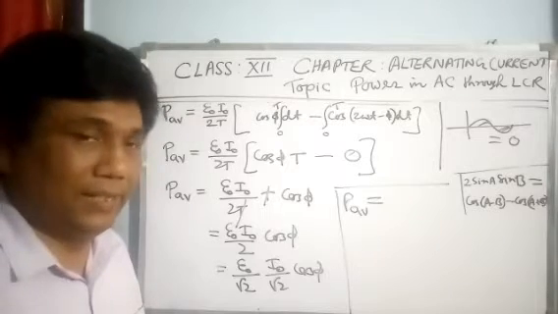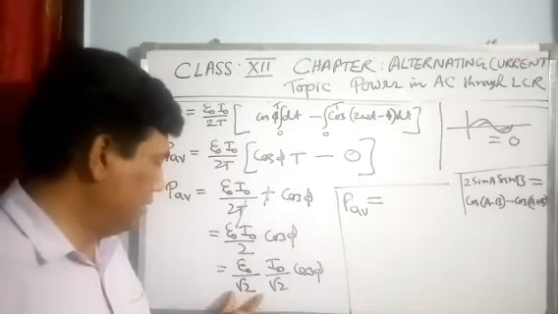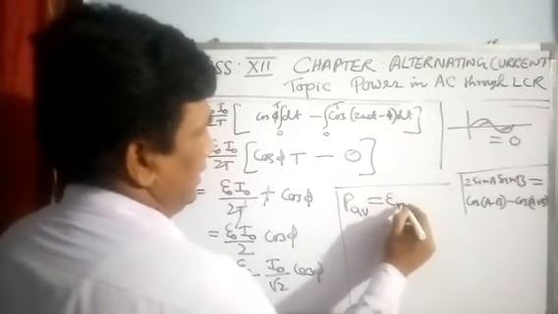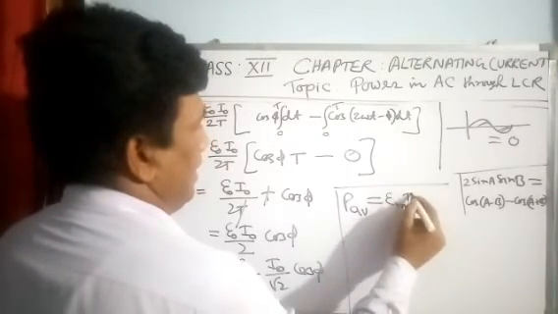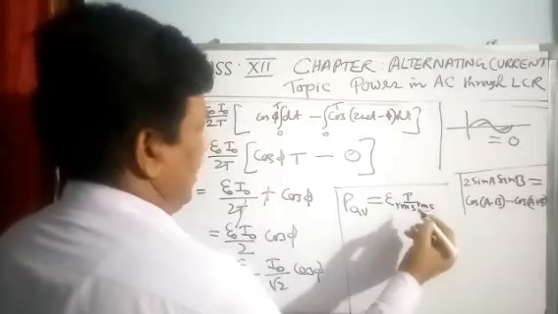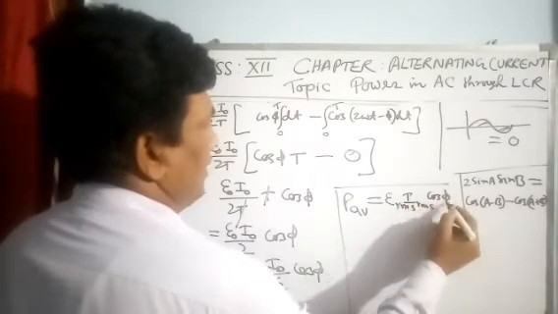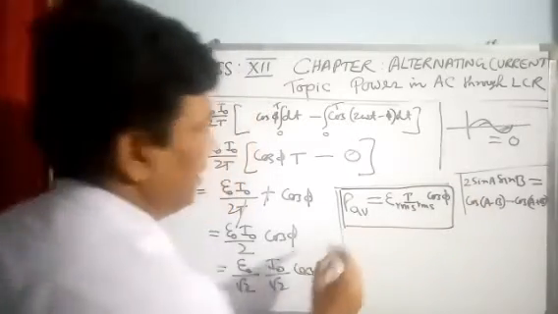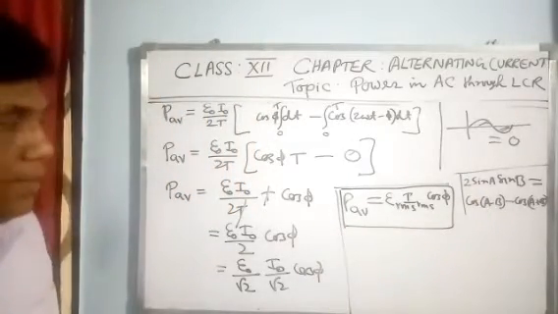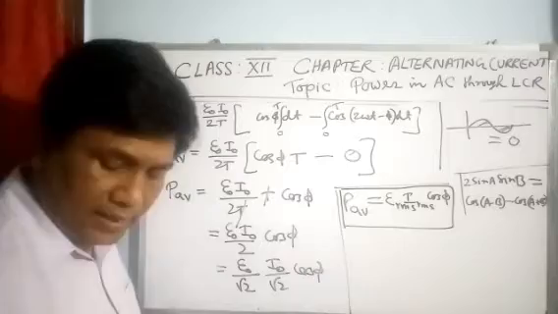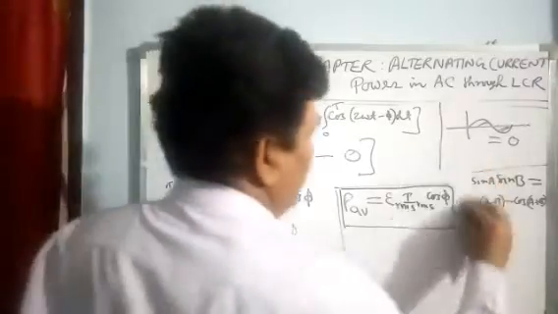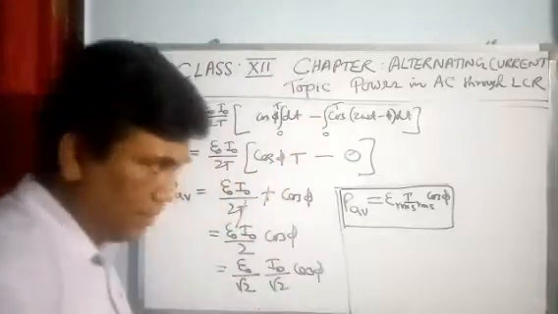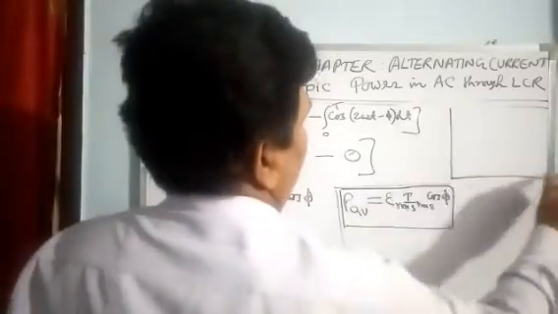So we can write this in RMS terms: E RMS, I RMS, and cos phi. This is the final expression of average power in AC. Remember, what was our formula for average power in DC?